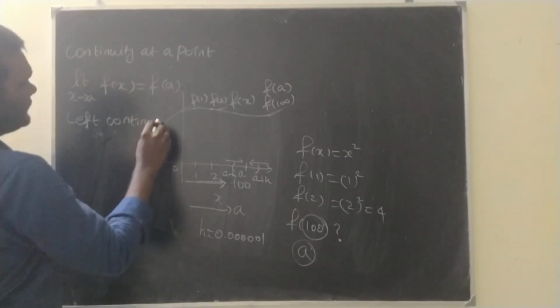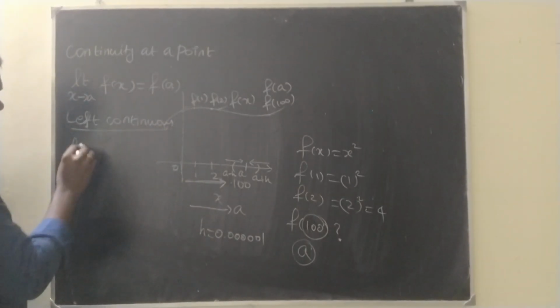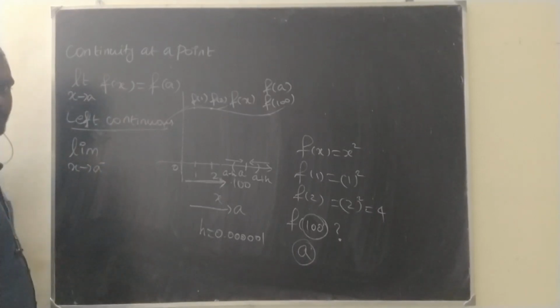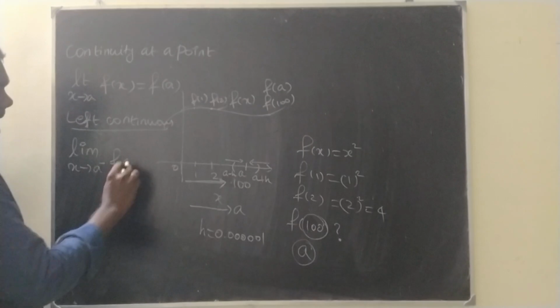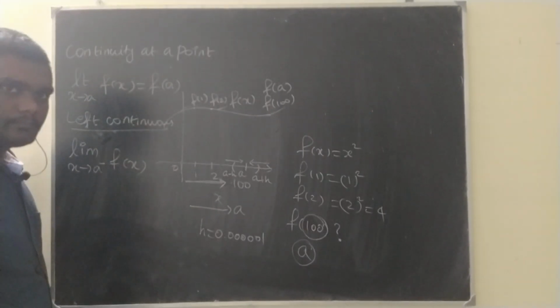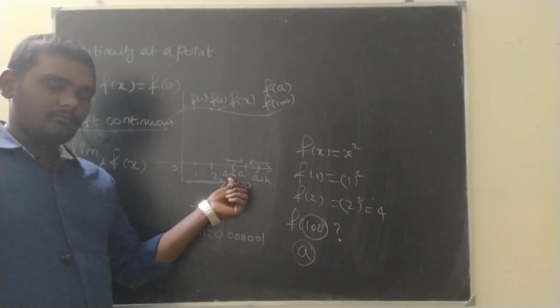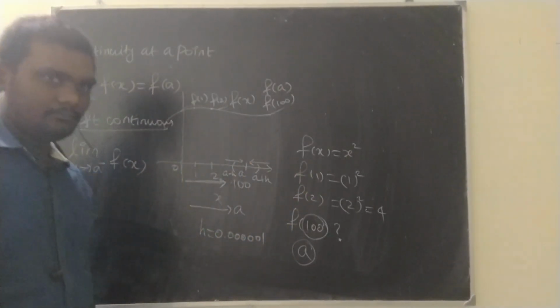How is it defined? Limit x tends to A minus f of x. Because from here A minus h, from the left side we are approaching, A minus just denotes the direction.